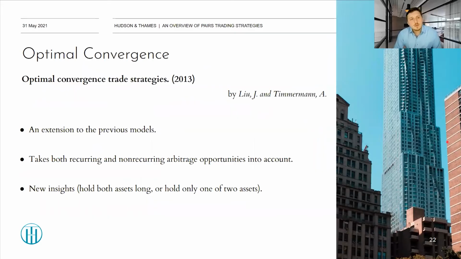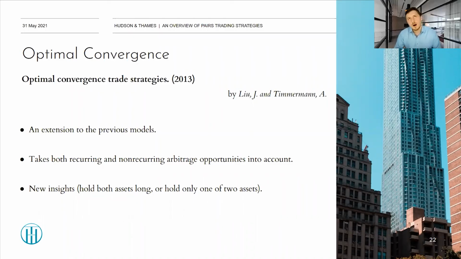Now, the next element is optimal convergence, and the main paper in this domain is by Liu and Timmermann. You can think of this as an extension of some of the previous models, however much more advanced, because it not only looks at the spread but assumes that both prices move with a specific model in mind that takes many elements into account.